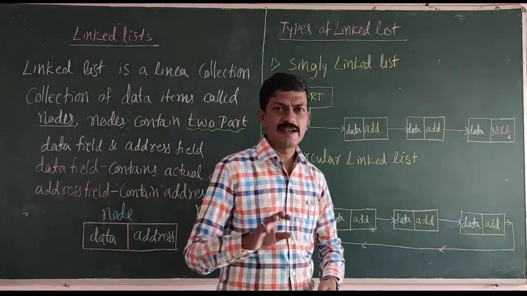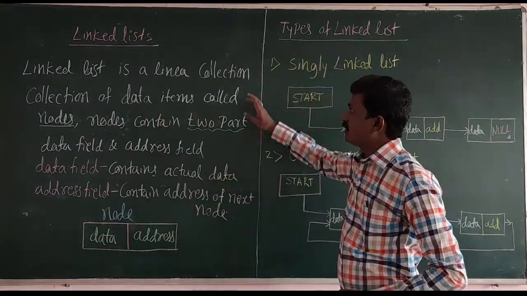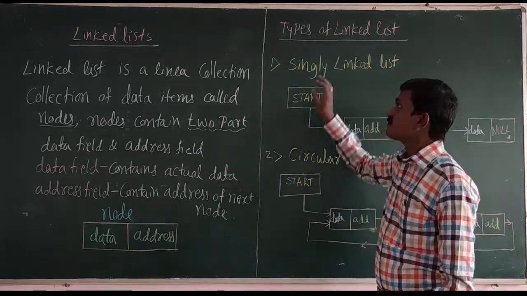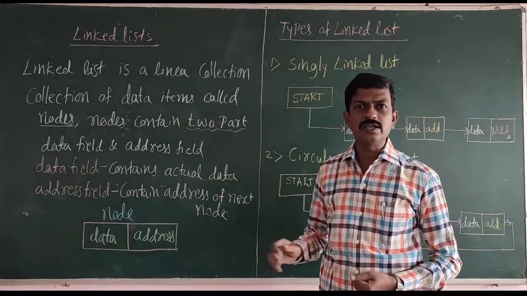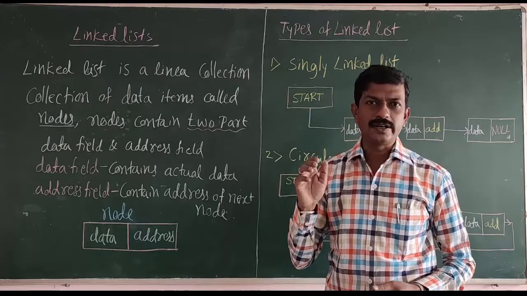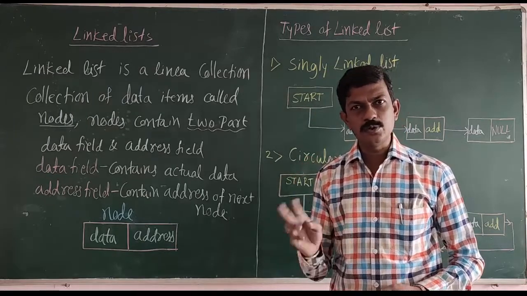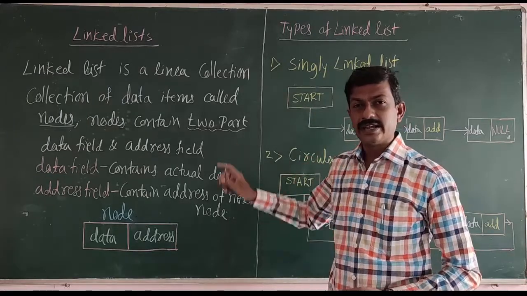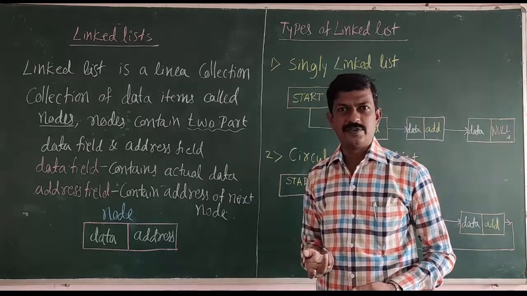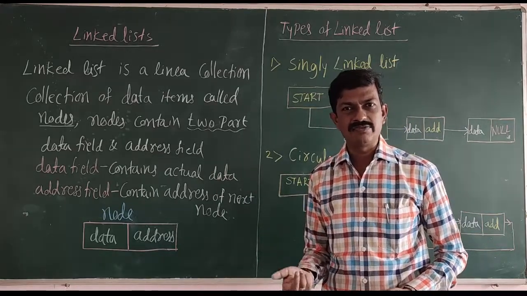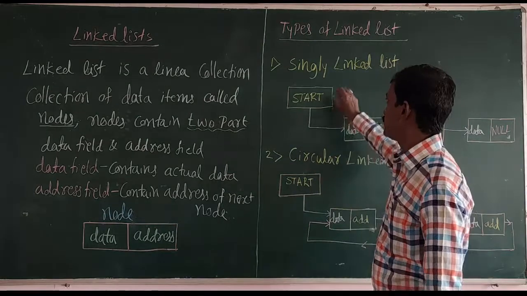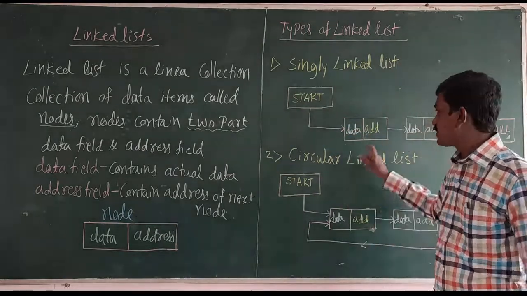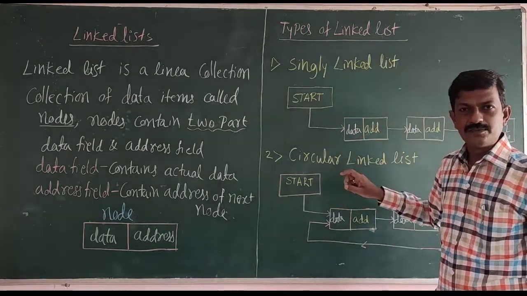The simple definition is the same as the definition of a linked list. A singly linked list is also a linear collection of data items called nodes. A node contains two parts, the data field and the address field. The data field contains the actual data item. The address field contains the address of the next node.